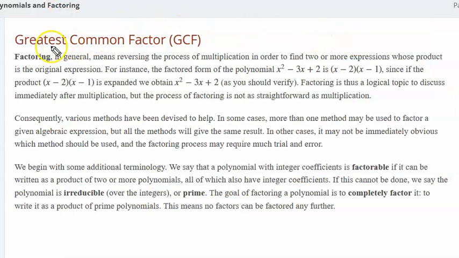Now we're going to take a look at the greatest common factor, but we need to look at, in general, this concept of factoring. So if we have a trinomial, which is a product that came from foiling two binomials, there ought to be a method to go from this back to this, and that's what we're going to look at here.